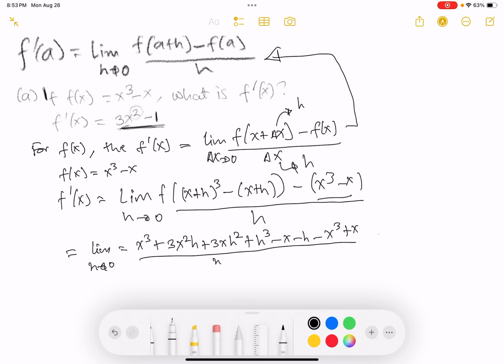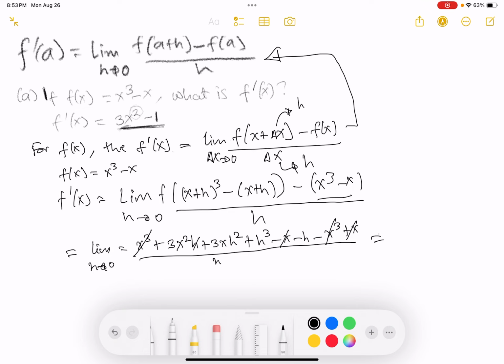What this gives us is x cubed is going to cancel out with minus x cubed. What else here can cancel out? We see plus x and minus x, they also cancel out. And then we see a lot of h here, which can cancel out.